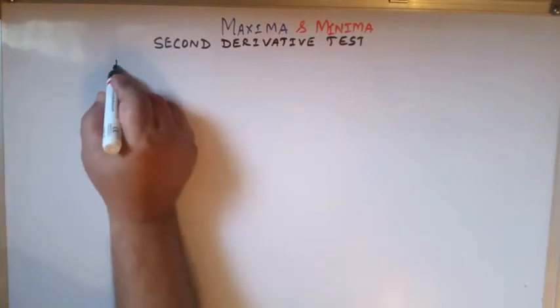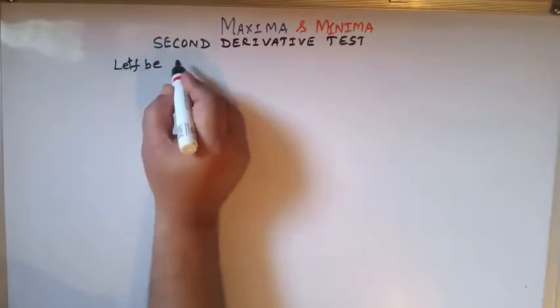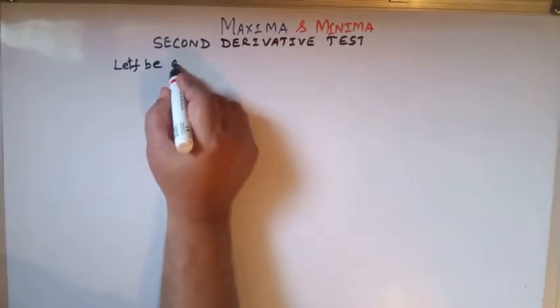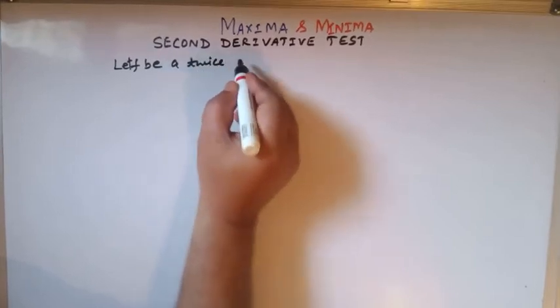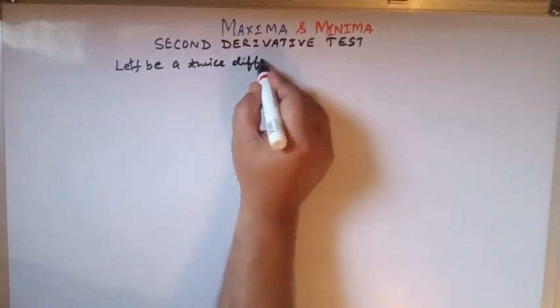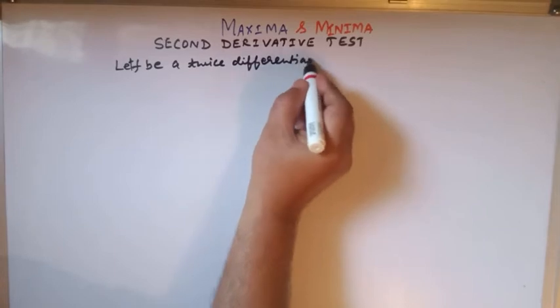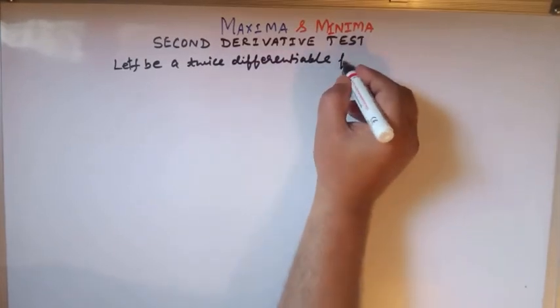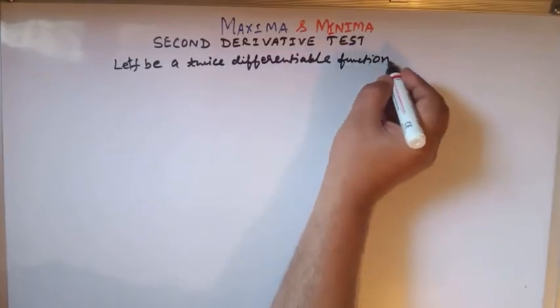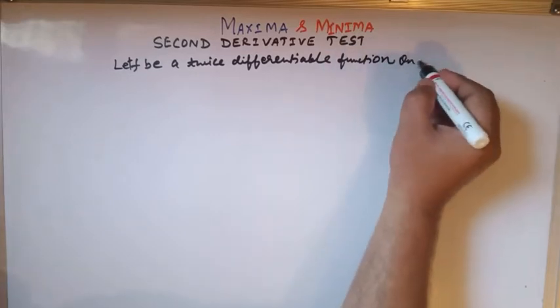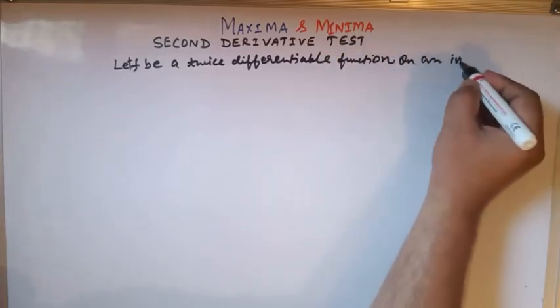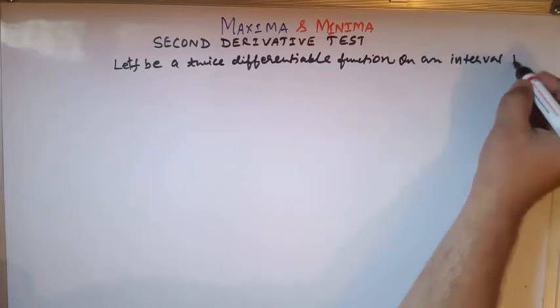Let f be a twice differentiable function on an interval I. Clear?